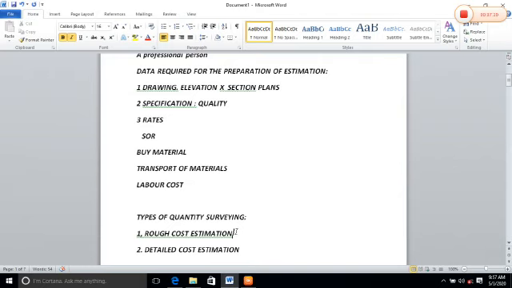In rough cost estimation, plinth area multiplied by per unit rate will give you estimate.